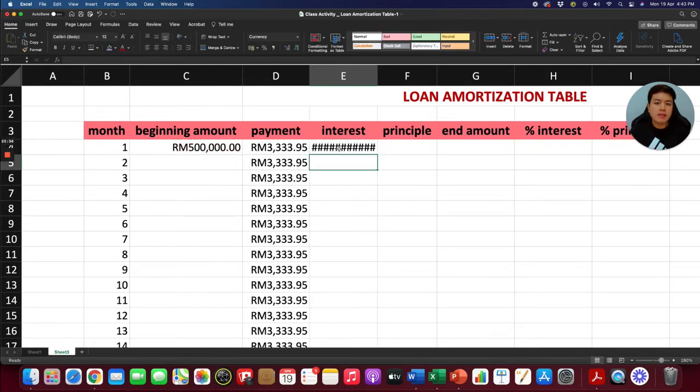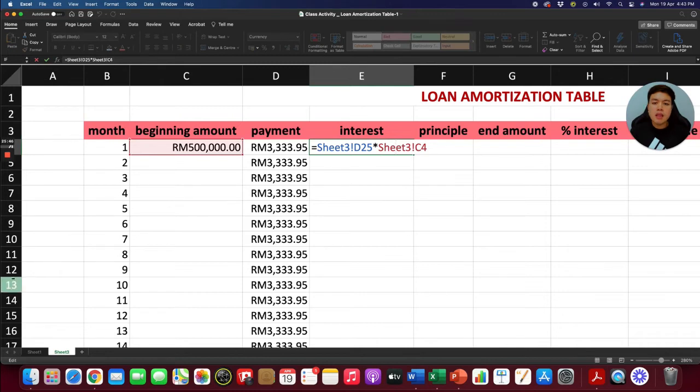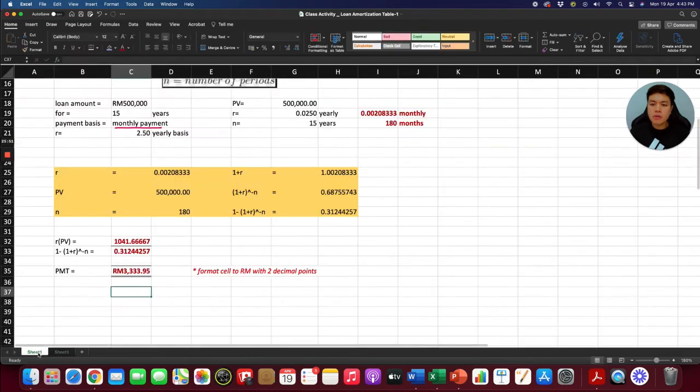If you can't see this, simply go to this E and F and double click. When you double click, you get to see the full amount here. D25.